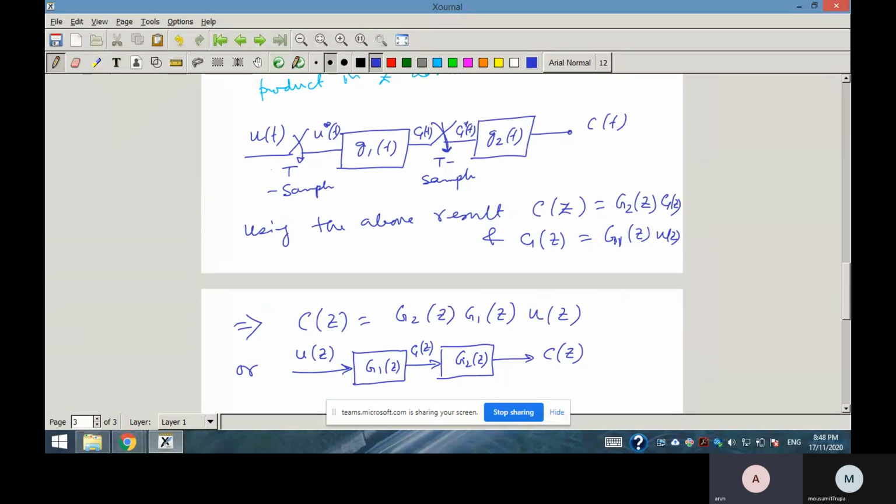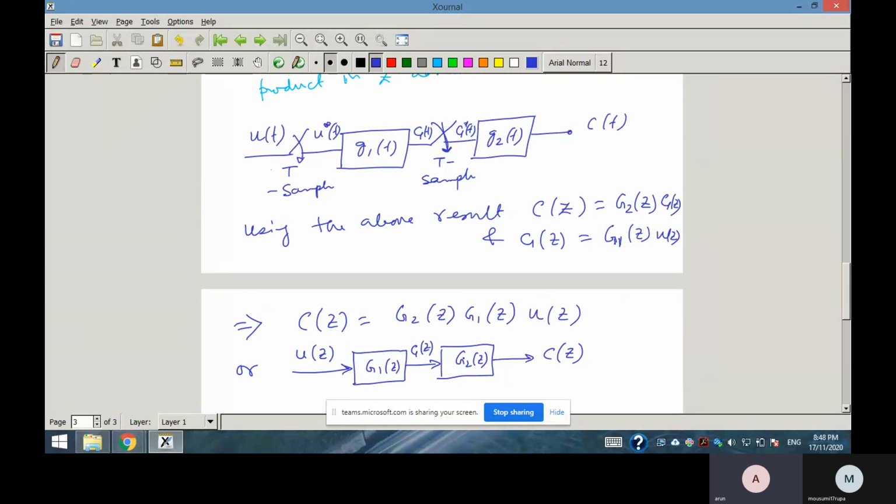Now, how will you realize G1, GS, GZ? In case of a continuous time system, we have seen that GS you can realize in canonical form.